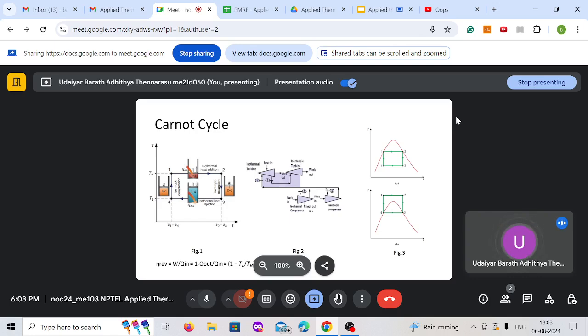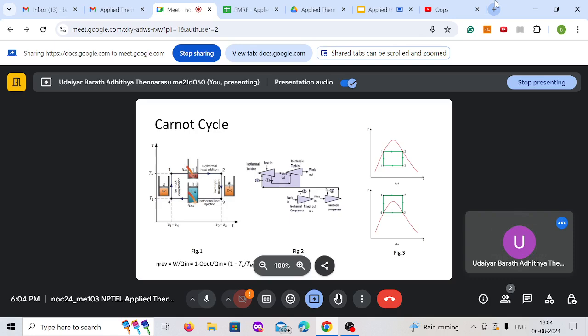One is compression and one is expansion. The other 2 are isothermal heat addition and isothermal heat rejection. An isentropic process has only work interaction, there is no heat interaction. But an isothermal process has both heat interaction and work interaction.